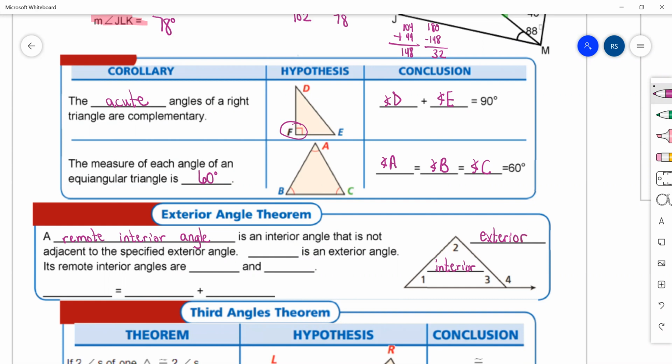So if 4 is our desired angle, so 4 is an exterior angle, we want to find the two angles that are not close to 4. They're remote. They're away from it. Angles 1 and 2 are considered remote interior.